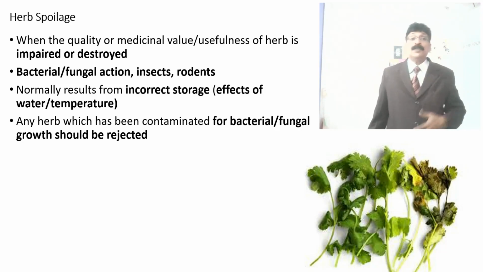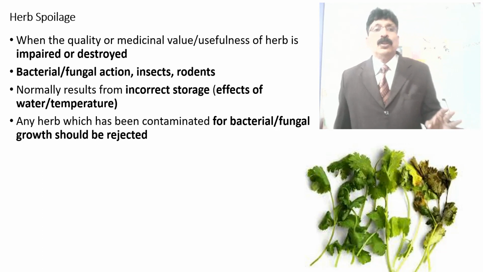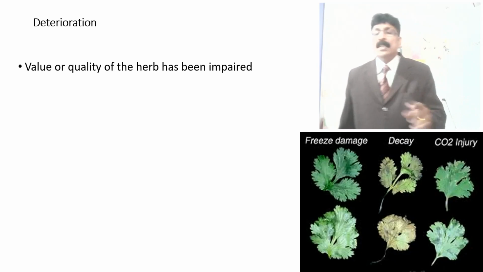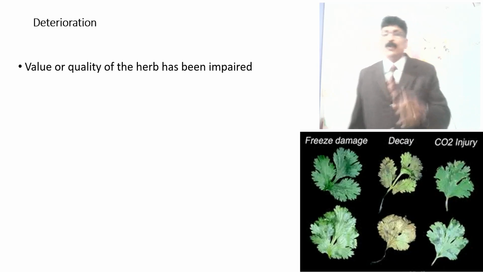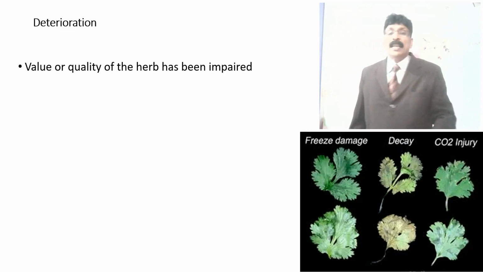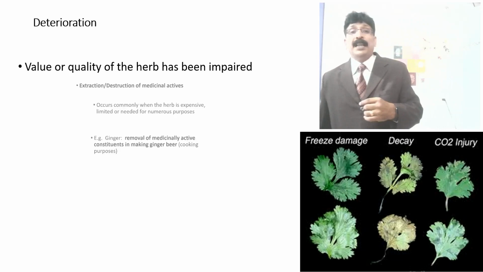Herbs which have been contaminated by bacteria or fungus growth should be rejected. Deterioration means freeze damage, decay, carbon dioxide injury. We can see the picture how decay and injury take place, freeze damage. So the value and quality of the herb has been impaired.